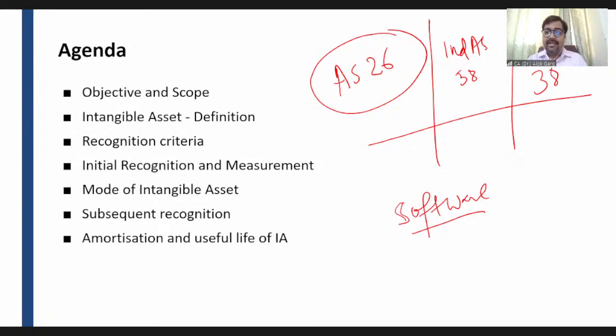Yes, it is intangible asset in the books of Maruti, because Maruti's ordinary course of business is not to sell software. Maruti's ordinary course of business is to sell Maruti. So this is an intangible asset for Maruti, but for Infosys, TCS, or SAP, it is an inventory, right? I hope you guys are clear. Yes, good, Srinidhi.